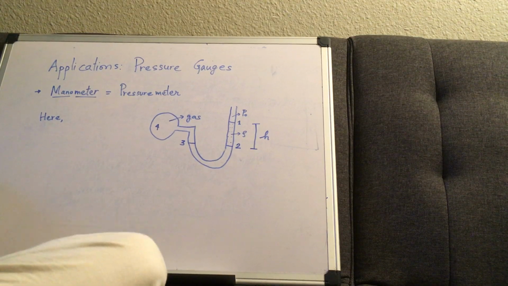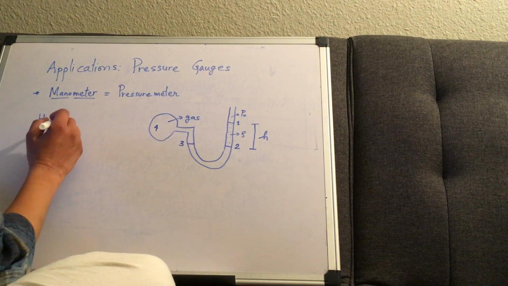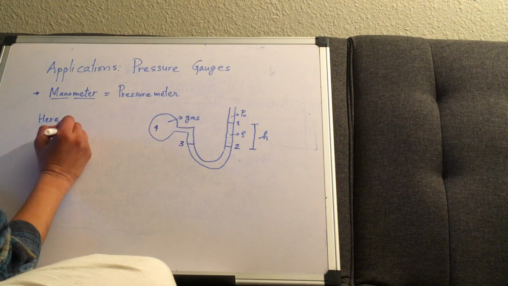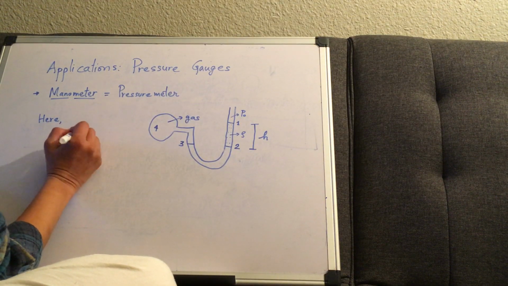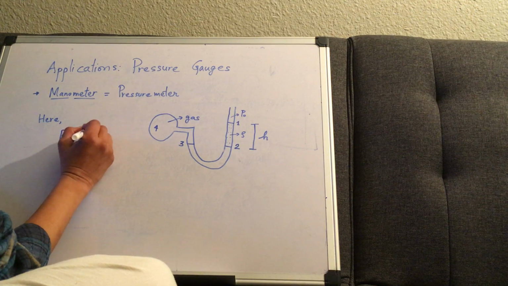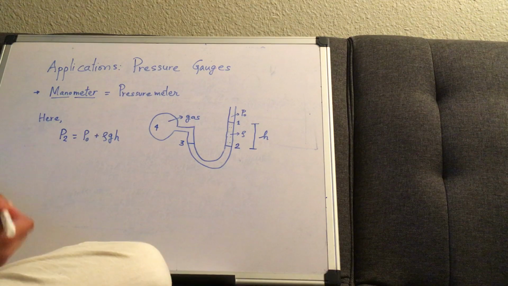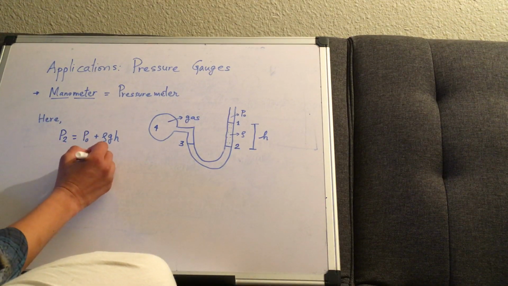So at point 2, we can say P2 equals what? P2 equals P naught plus rho g h, the hydrostatic pressure equation.